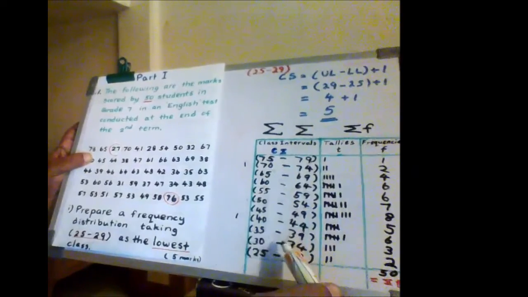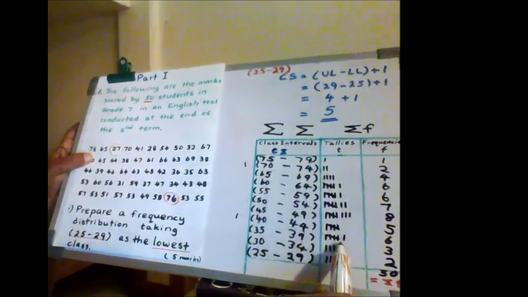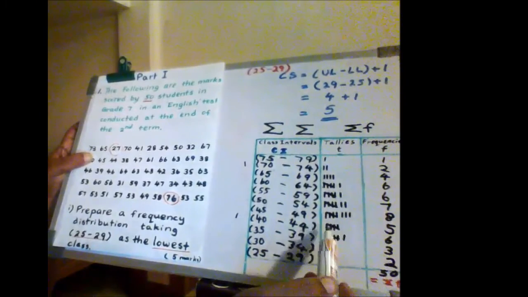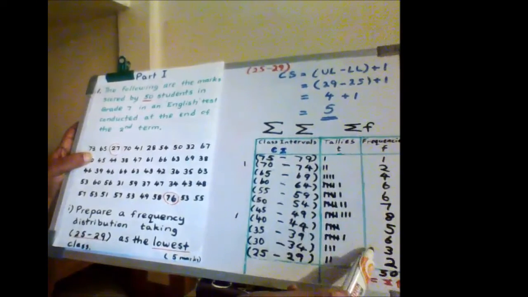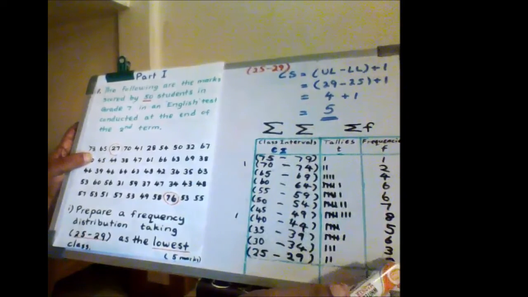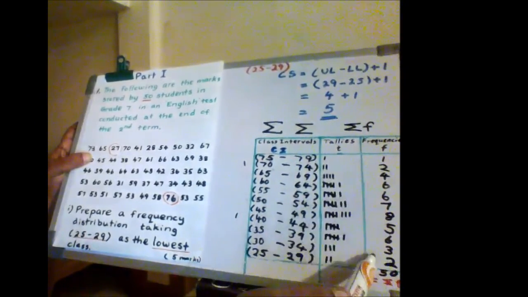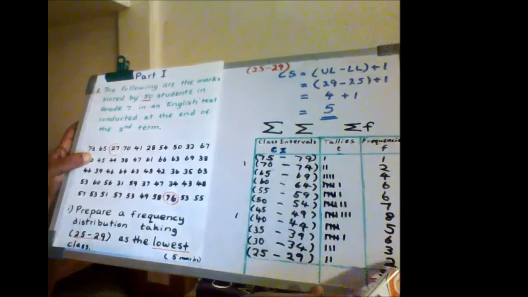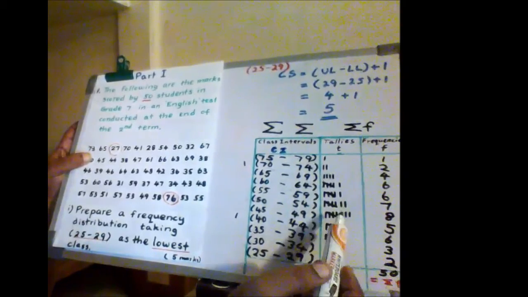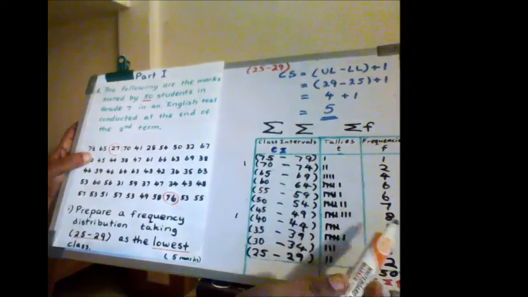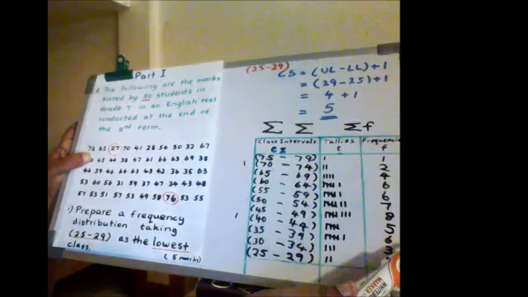Always double check the classes and the tallies with the frequencies. Why? If you make a mistake here, right, then based on the frequency distribution, you are calculating the arithmetic mean. If you have a mistake here, then your arithmetic mean will get wrong. The answer is wrong.